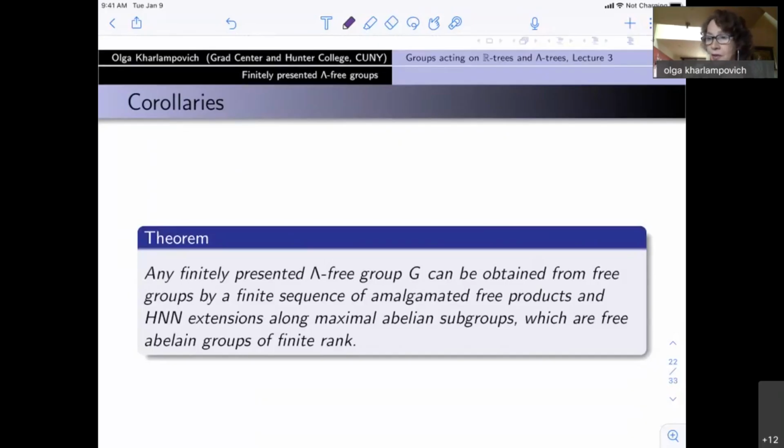It is just by Bass-Serre theory, every subgroup of that chain is like this. But what we cannot say is that every group obtained like this is Lambda-free. So every Lambda-free group can be obtained like this, but only for regular Lambda-free groups do we know a necessary and sufficient condition.